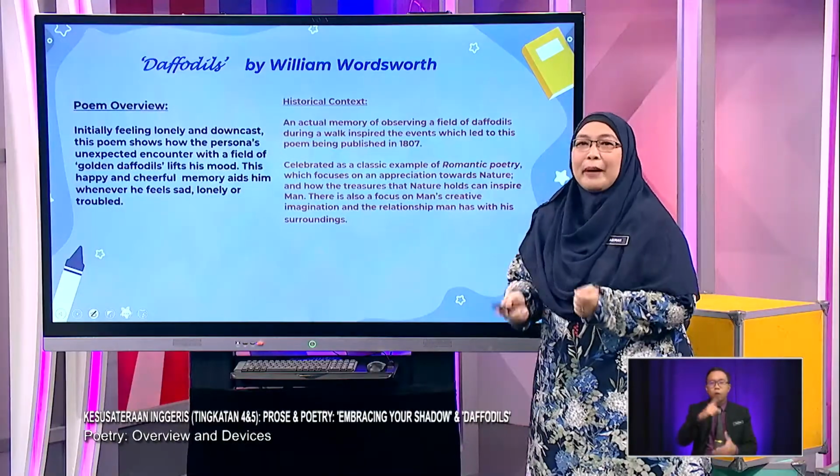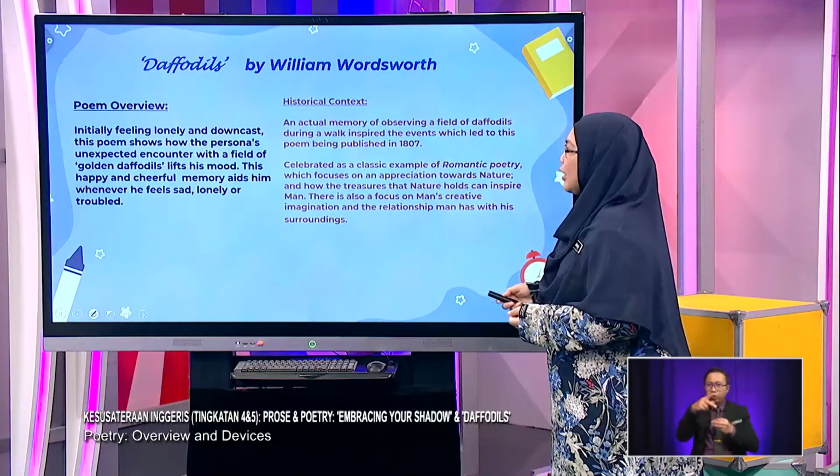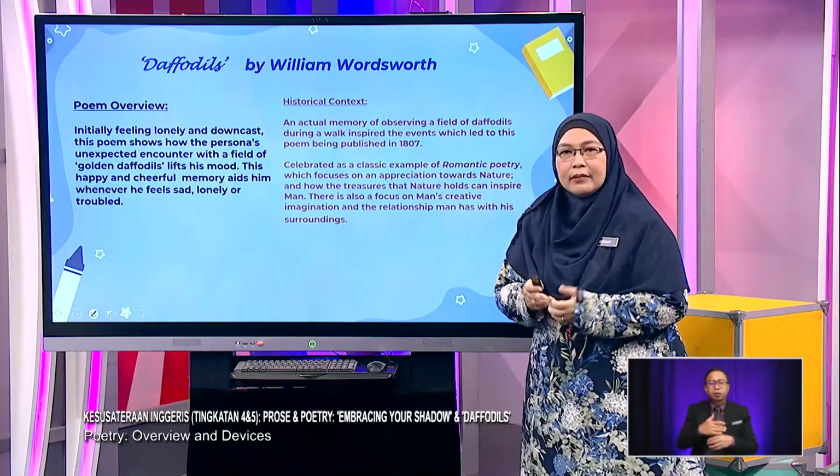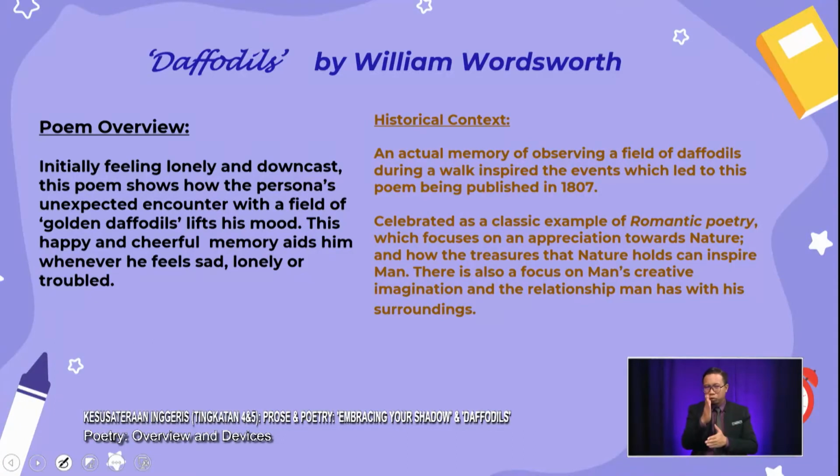What do we know about this poem? Initially feeling lonely, alone, miserable. This poem shows us, the readers, how the persona's unexpected encounter, he suddenly comes across a field of these yellow daffodils, and observing them, watching them, lifts his mood.